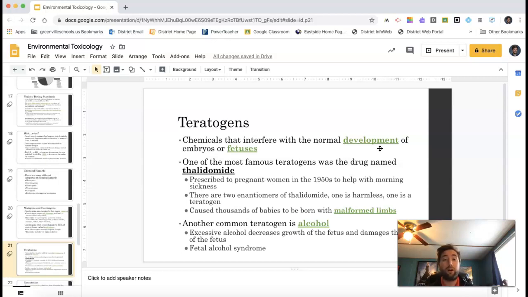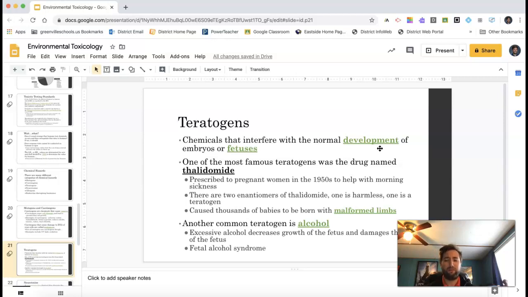If you are pregnant, or your wife is pregnant and she drinks excessive amounts of alcohol, it can lead to this thing called fetal alcohol syndrome, which is really bad for your baby's brain. Your baby will probably be born with a lowered IQ, or possibly mental retardation, if you're exposing your baby to that much alcohol. So you drink alcohol while you're pregnant, and then it concentrates itself.